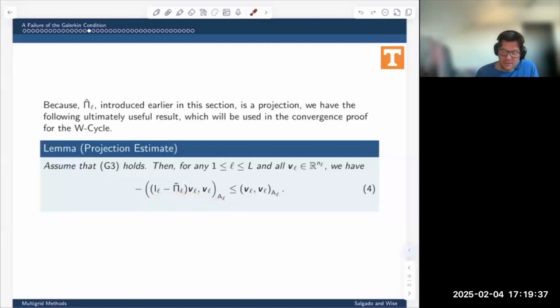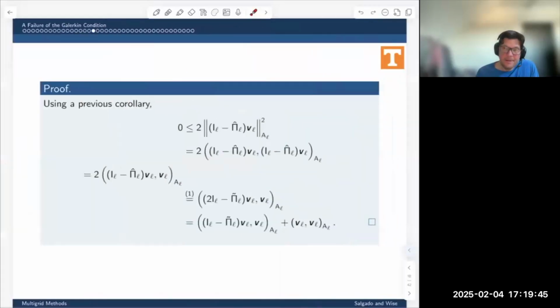So I have to do something different. But it's going to be enough for me to show that the negative of this object is less than this object. So how do I prove that? I'm going to use the fact that this one here is a projection matrix, and it's also self-adjoint with respect to the AL inner product.